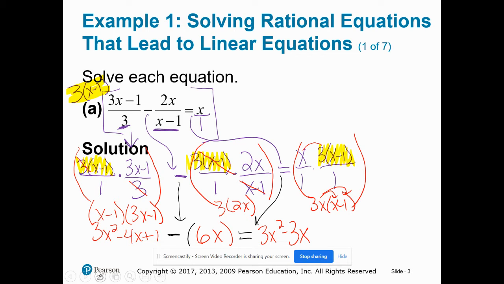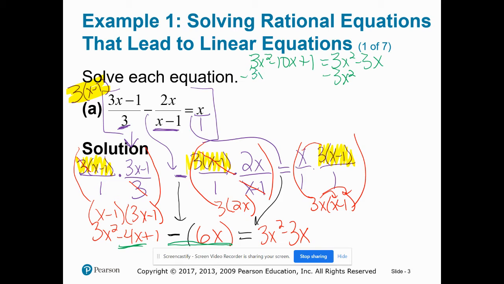I'm going to combine like terms over on this left side. That's going to be the negative 4x minus the 6x. That gives us 3x squared minus 10x plus 1 on the left equals 3x squared minus 3x on the right. Let's combine like terms now across the equal sign. I'm going to move my x squares together.